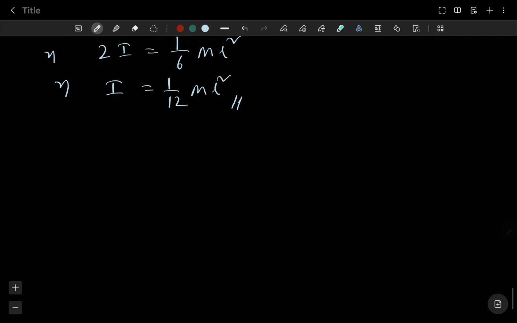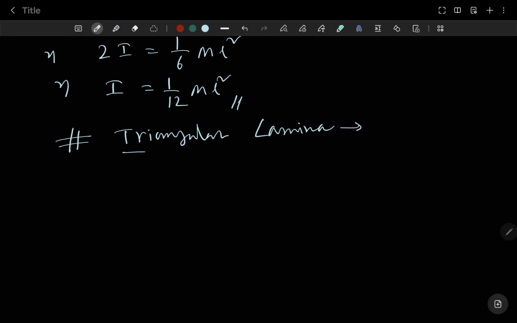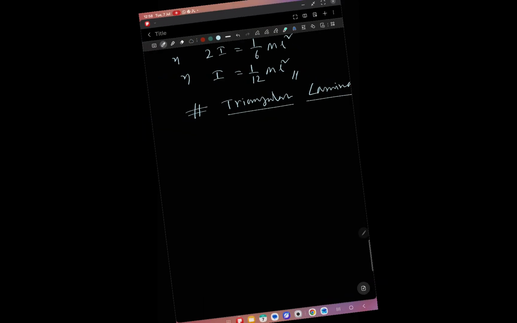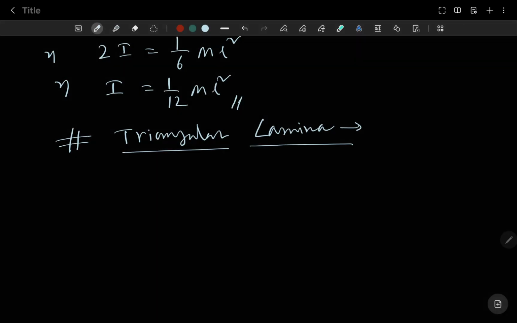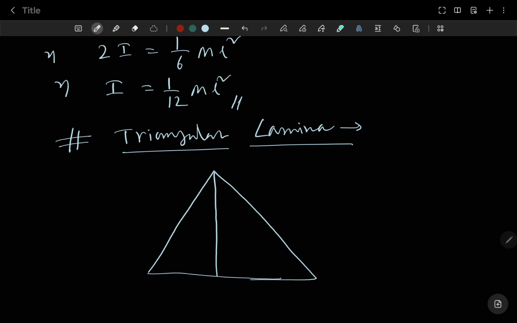Now let us do the moment of inertia for a triangular lamina. In order to calculate the moment of inertia of the triangular lamina, let us have a triangle like this. So this is the height.